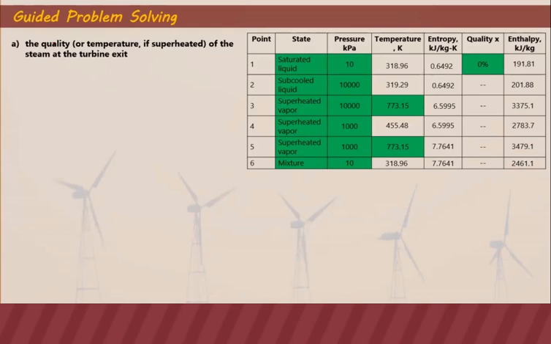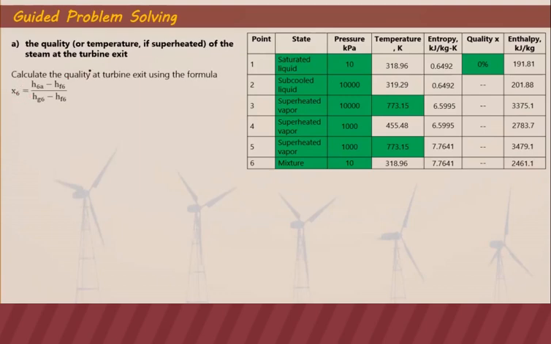So we're going to calculate the quality, or the temperature if the point is superheated, of the steam at the turbine exit. If you look back at the TS diagram, the turbine exit is at point 6A. So we're going to look for the quality at point 6A. That's why we have H6 here.